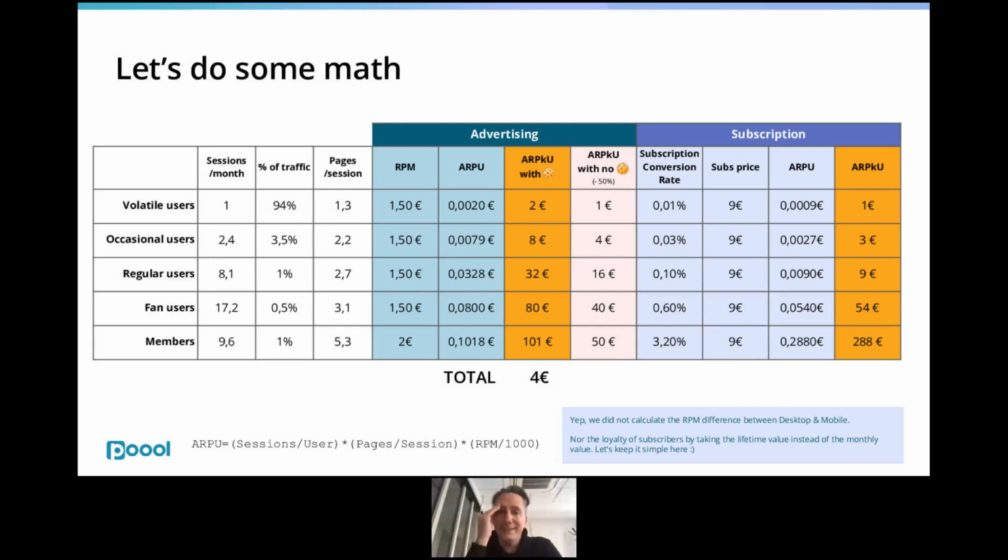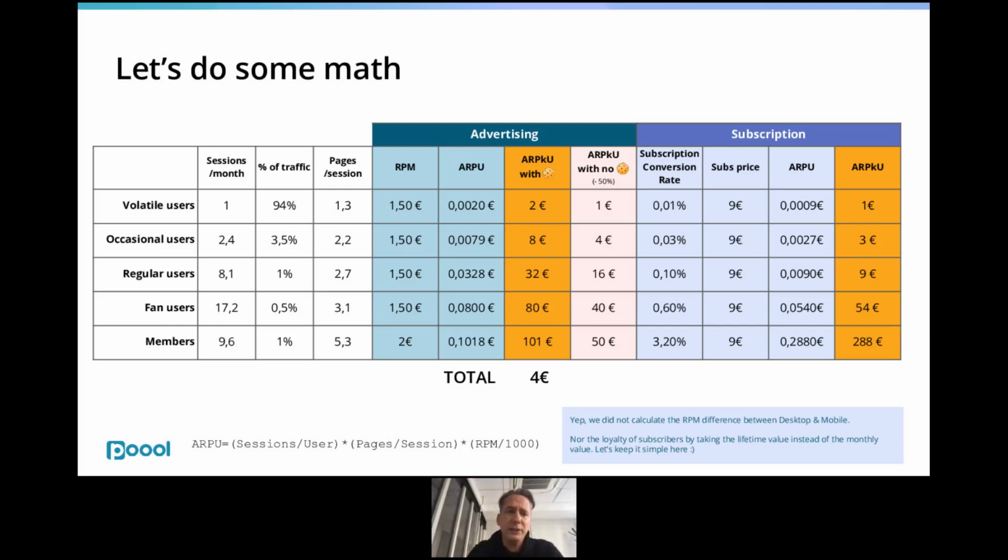Now, let's play with some numbers. Let's look at the average revenue per user. On the left, we broke down the audience between volatile, occasional, regular, fans and members. You've got the breakdown of sessions per month, the percentage of traffic that each represents on average, and the page views per session that each of these cohorts are generating. And then we can think about the average revenue per user.